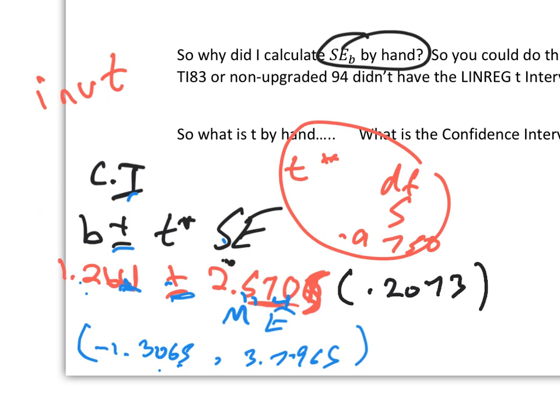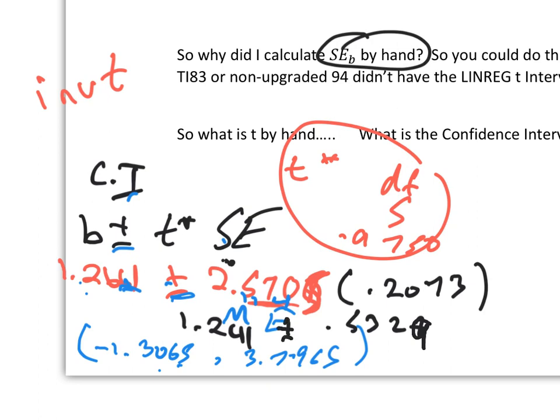Could somebody multiply those two numbers together? 0.5328. Okay, so what I need is 1.241 plus or minus 0.5329. Okay, if you insist.